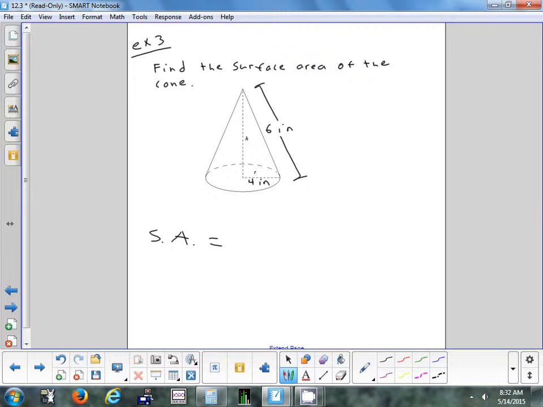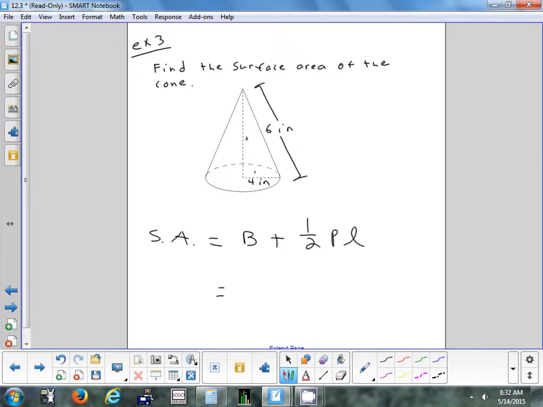Okay, so surface area. Again, I don't think of it specific. I think of the general. It's going to be the area of the base plus half the perimeter times the slant height. Okay, so my base here is a circle. Rose, what's the area of a circle again? Anyone help her out?